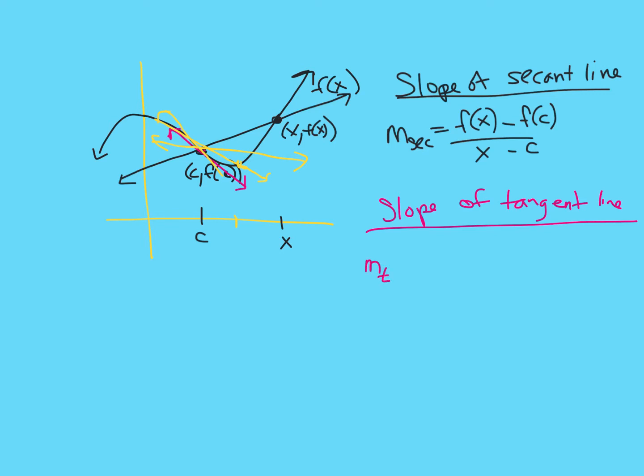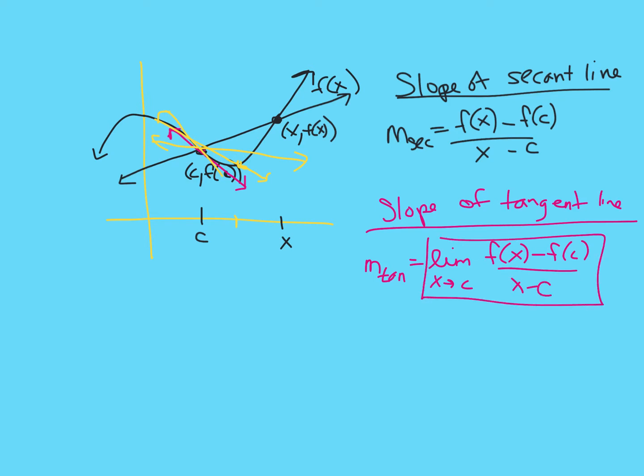So we are going to do the same thing that we just did, but we're going to have our x approaching c. So this is the slope of the tangent line. I'm also going to tell you this is what we call the derivative.